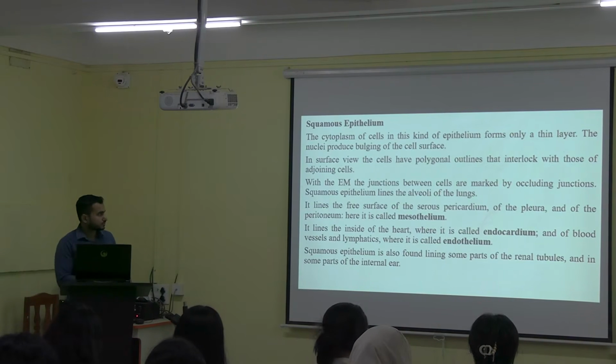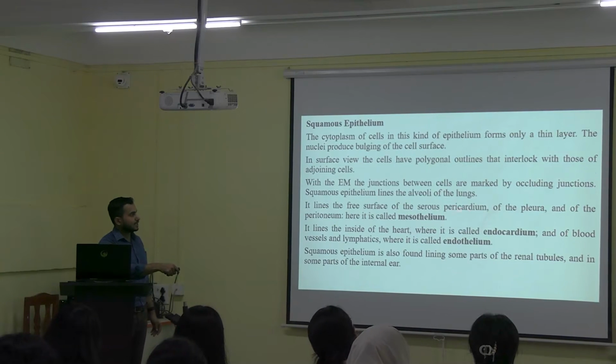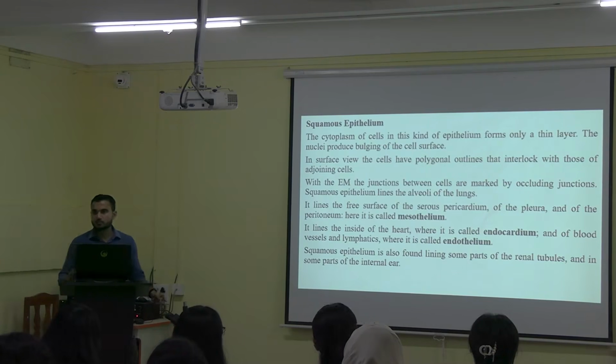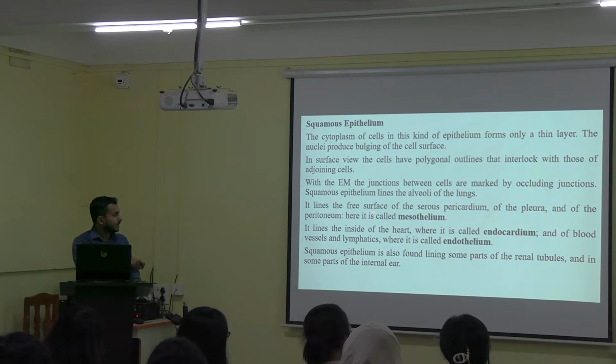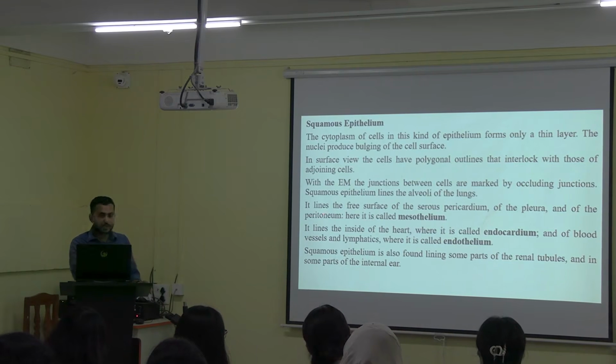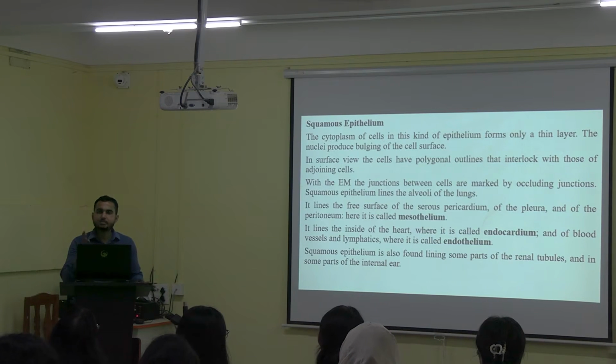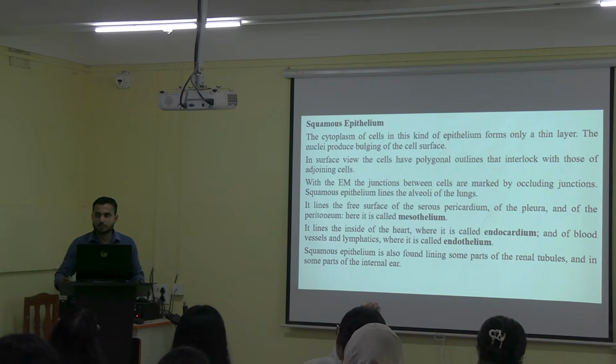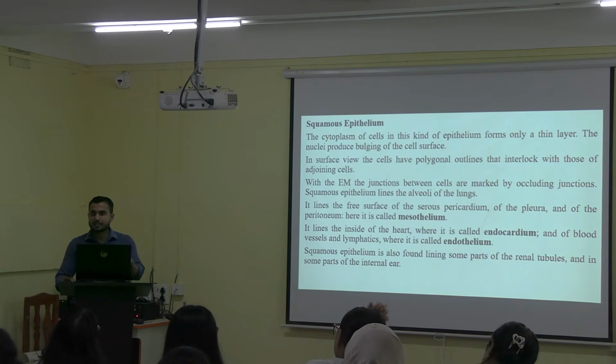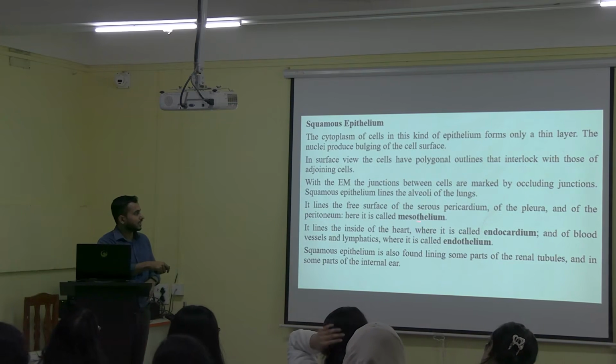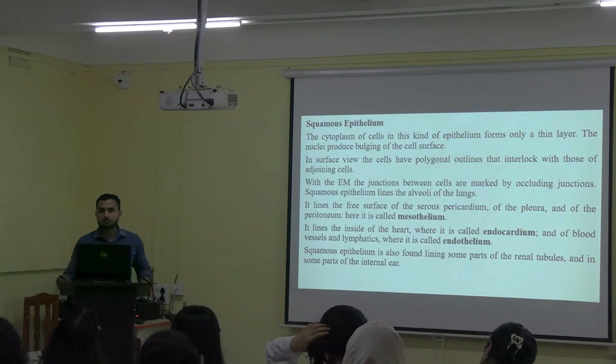For example, I hope you have heard about the pericardium, the outer covering of the heart. Then, have you heard about the peritoneum? It is present in the abdomen. Those coverings are lined by this simple squamous epithelium, and in that case it is called mesothelium.